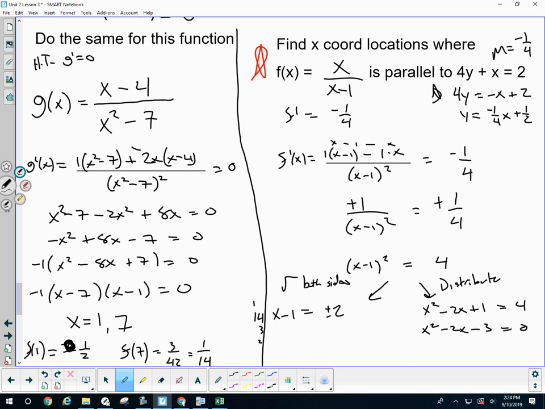I'm able to factor this, x minus 3, x plus 1, and I can see my two solutions are 3 or negative 1. I could take positive 2 and add 1, it gives positive 3. I take negative 2, add 1, it gives me negative 1. So either way, I get the correct answers, 3 and negative 1. You will see a couple of those on your homework.